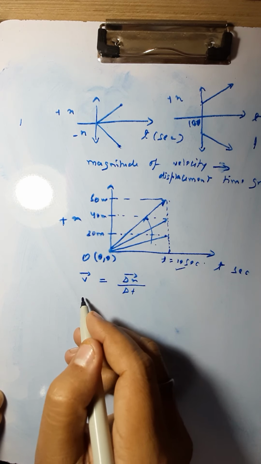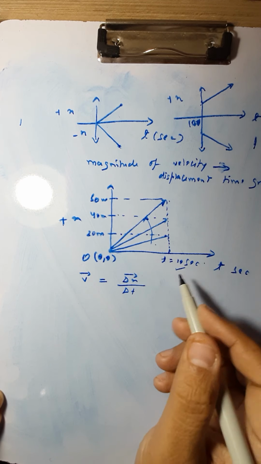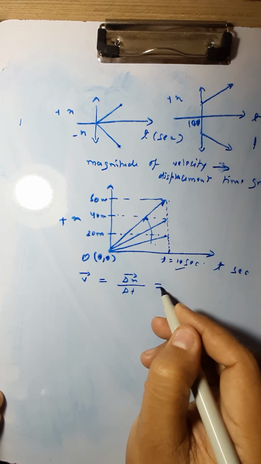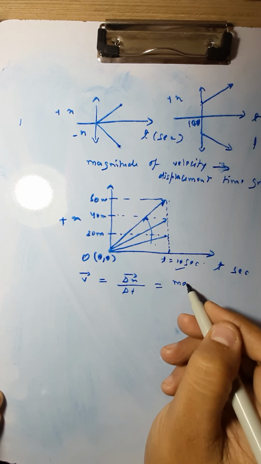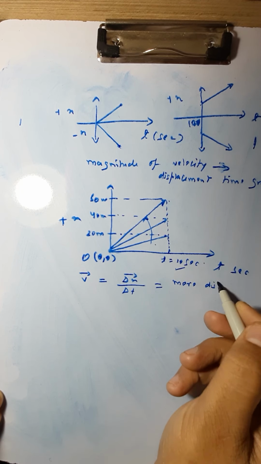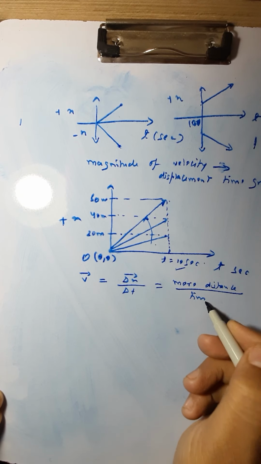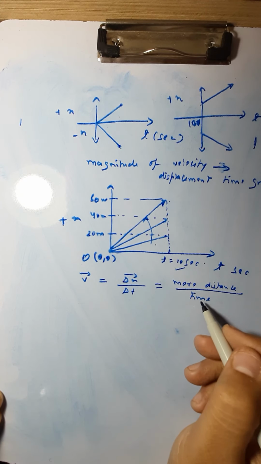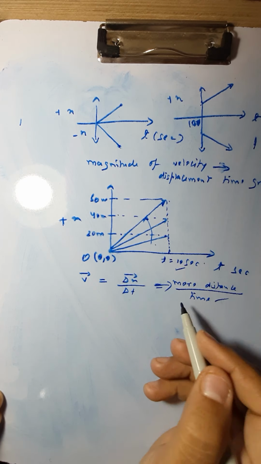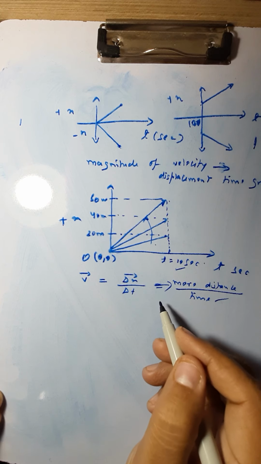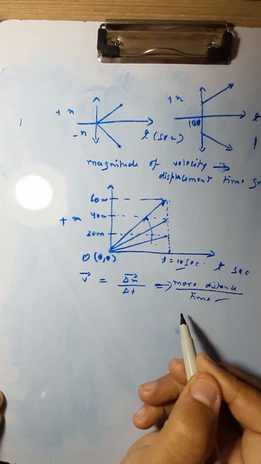That is, to increase the magnitude of velocity, either you will have to cover more distance in the same time interval, okay, or you will have to cover the same distance in less time.